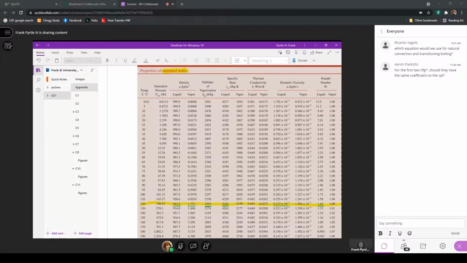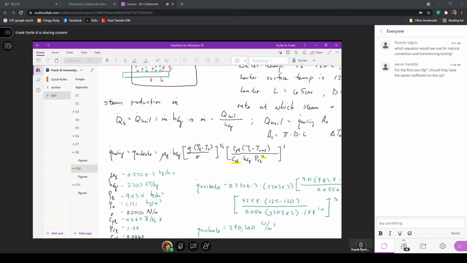So a lot of those processes that we see, where we didn't really consider the mechanisms associated with that heat transfer when we have phase change, are represented in these expressions that we have for boiling and for condensation.